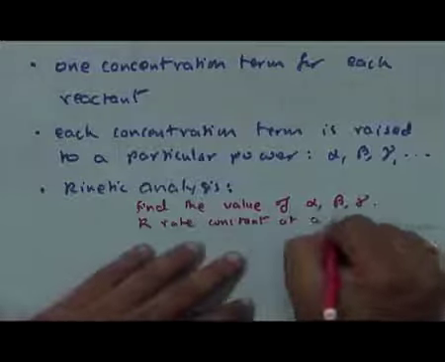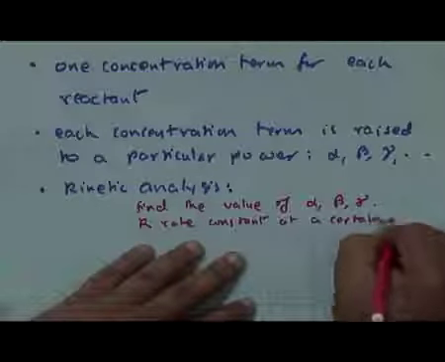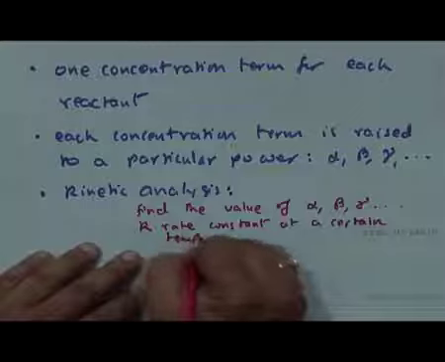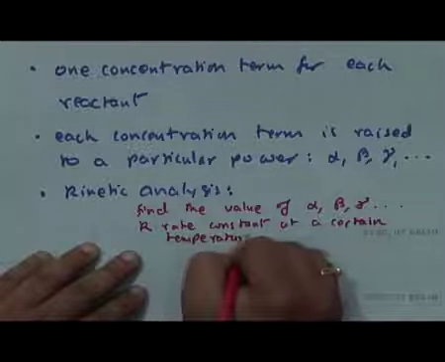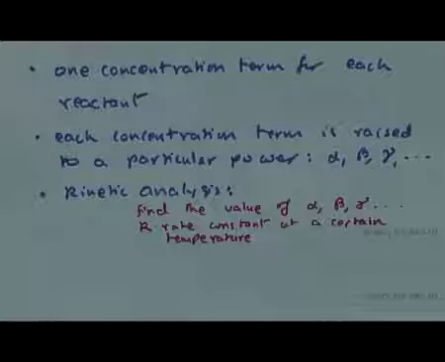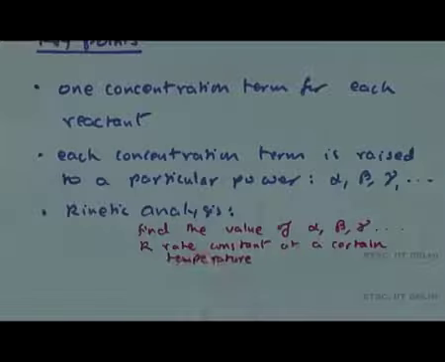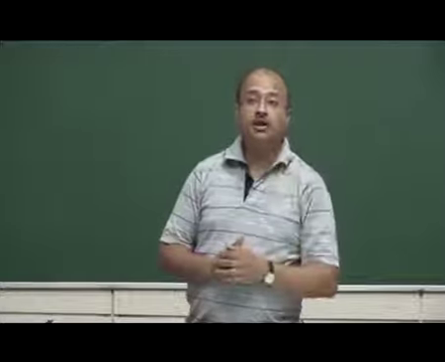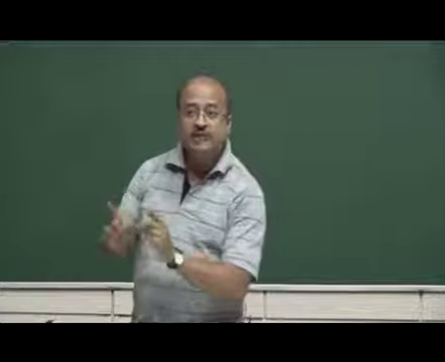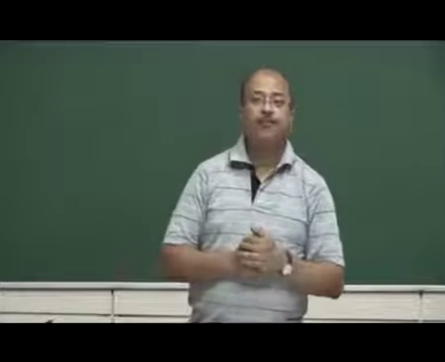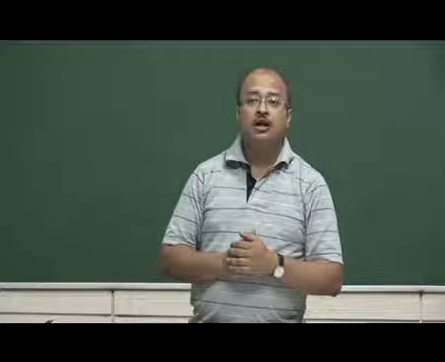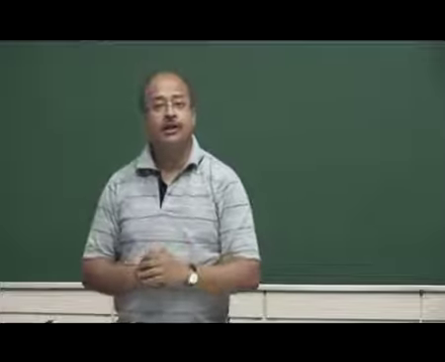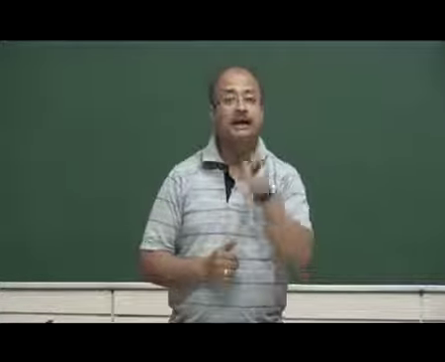the rate constant at a certain temperature. So, when you are doing a kinetic analysis, what we mean by that is, for any reaction, I need to figure out the respective orders for each and every individual reactant involved, and once I have done that, I also need to figure out the rate constant k at a particular temperature.